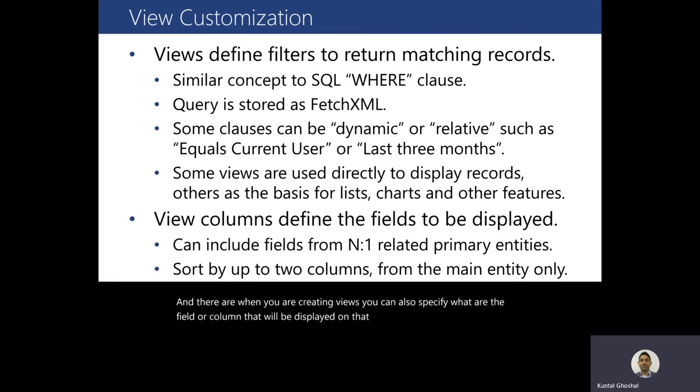You can also define the priority of those columns, like the display property, and the size of those fields that will be displayed on the view. You can also create a sorting order based on up to 2 columns, and based on that your view will be sorted.